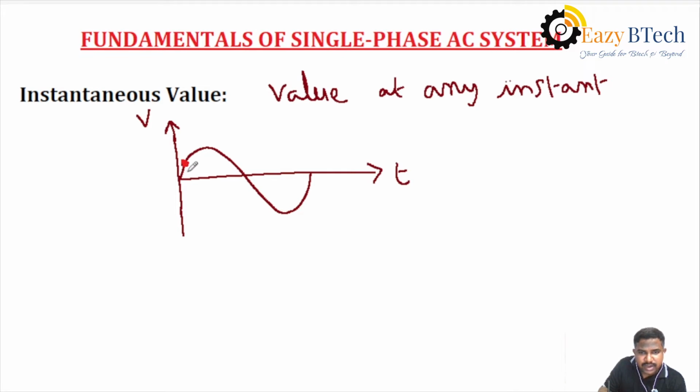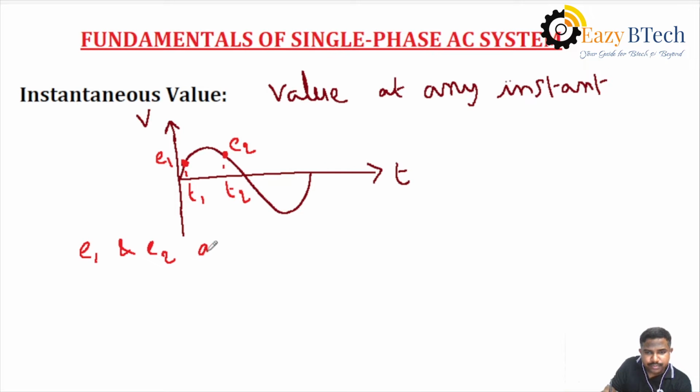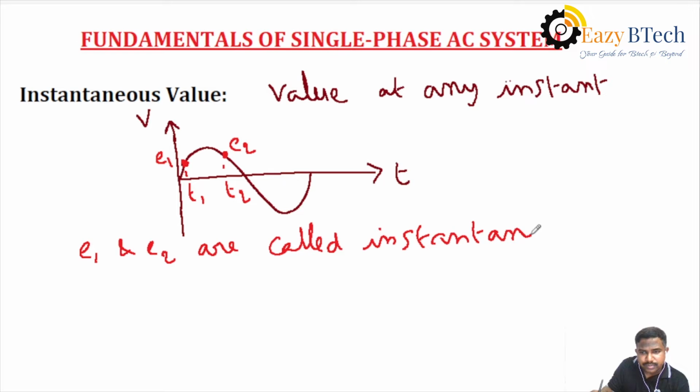This dot is the value of the given waveform at time t1, and this is the value of the given waveform at time t2, and so on. Here the values E1 and E2 are called instantaneous values of the given waveform.